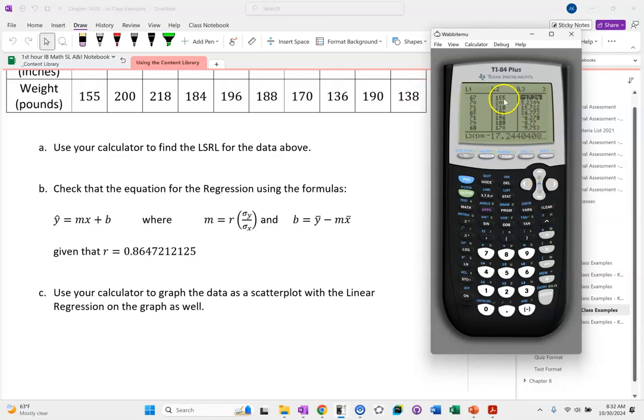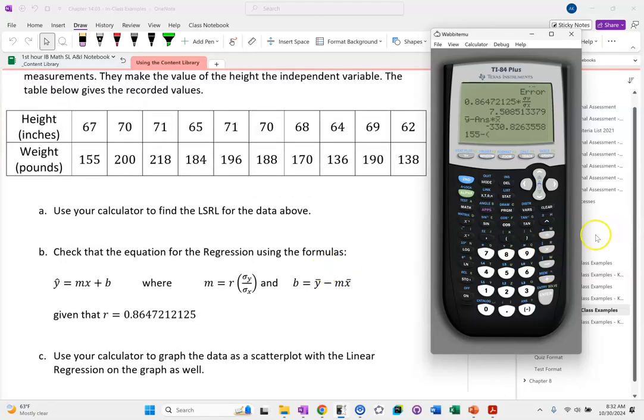Let's just check that real quick. So negative 17.55 should be 155 minus, and then I have that written down over here, 7.5085. I'm just going to do that much of it times that first x was 67, and then plus negative 330.826.